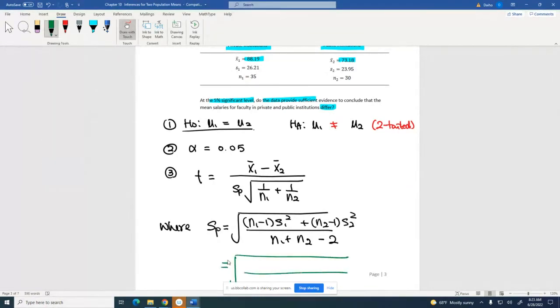Okay, square root of, first of all, N1. How many in the sample size from the private school? N1. Can you see that? 35 minus 1, times S1, the standard deviation in sample number 1.